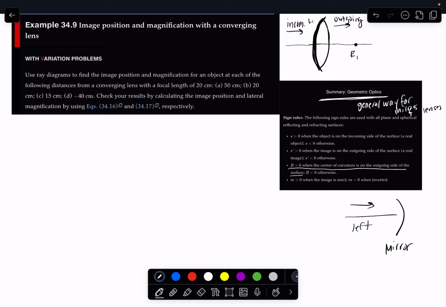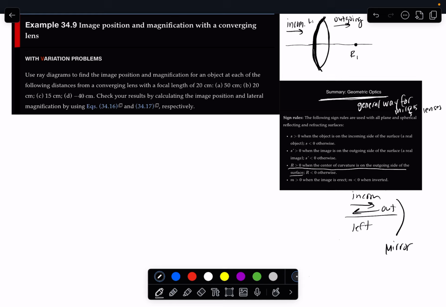The incoming side, and then the light reflects and goes out on the same side. But for a lens, the incoming side and the outgoing side are on opposite sides of the lens, because lenses allow the light to pass through. So the ray is outgoing on the right side of the lens.